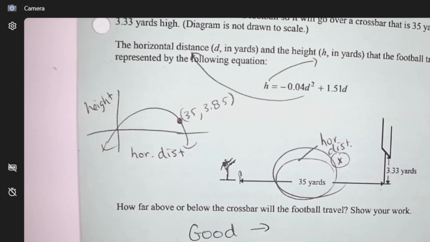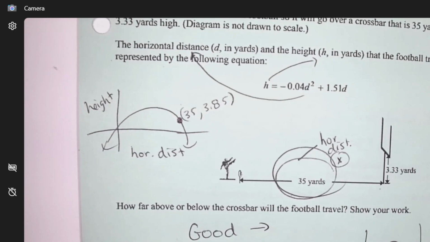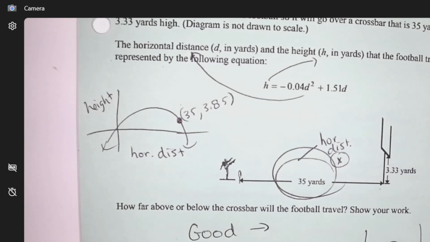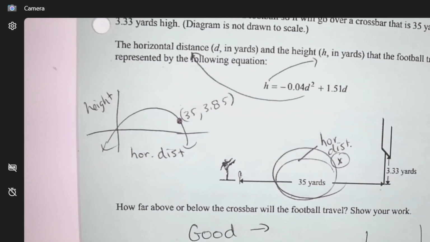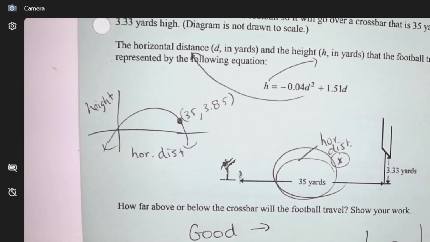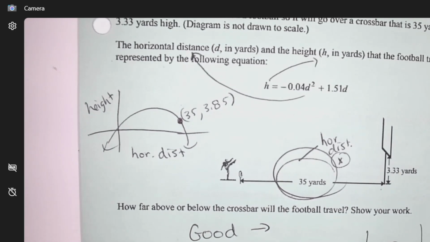So we're above the bar, right? We are above by how much space is there from the football to that crossbar? How much above this bar are you going to be? What kind of math work? This is 3.85 off the ground, and what did you do?